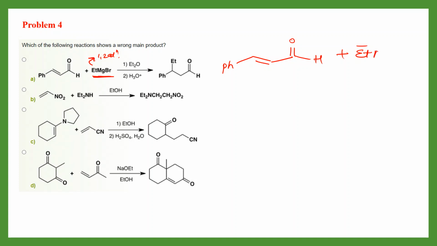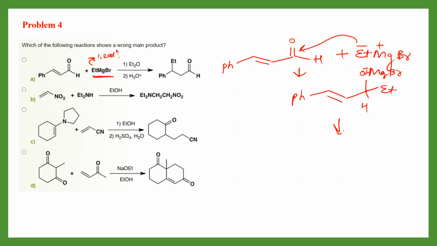You can write Grignard like this. So this is going to do a 1,2 attack. O negative and MgBr. For now, you can see that here. You will get this, and after hydrolysis, it will form this.